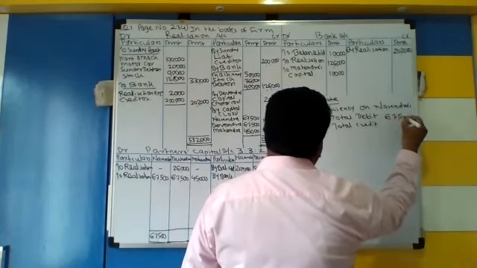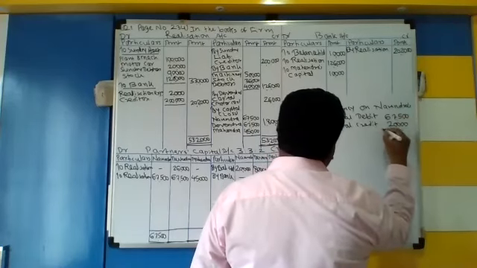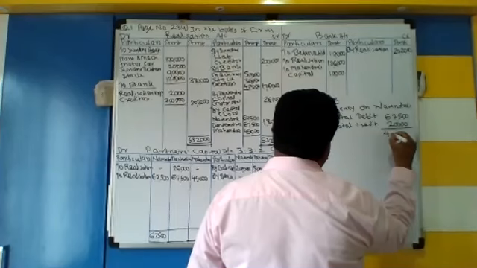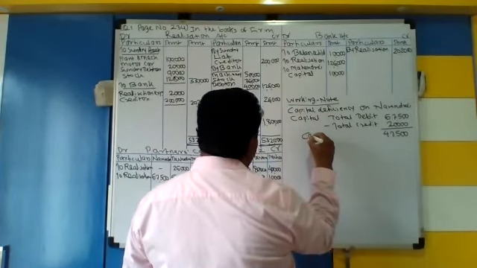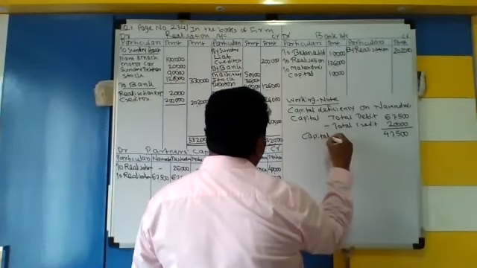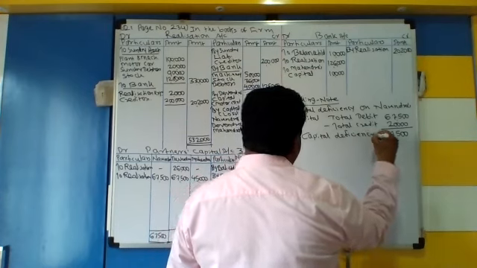Total debit 67,500 and the credit is only 20,000. So the capital deficiency for Narendra is 47,500.